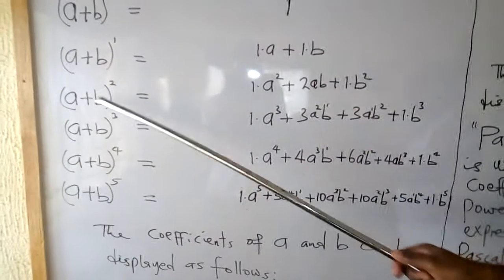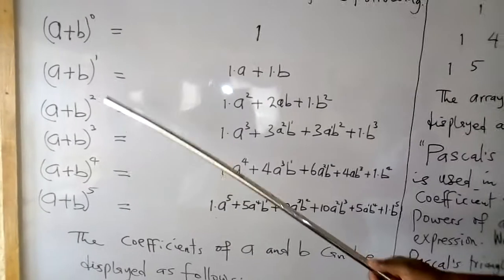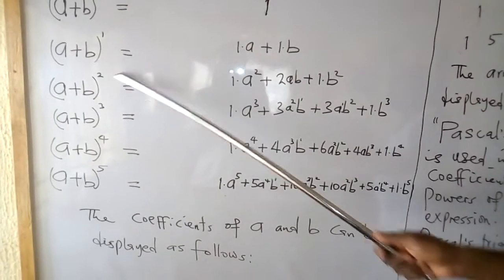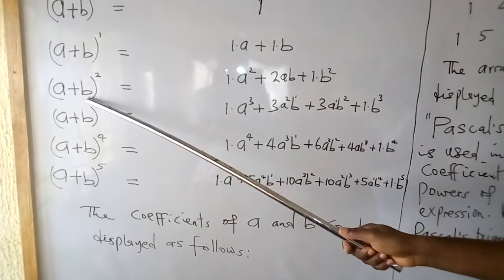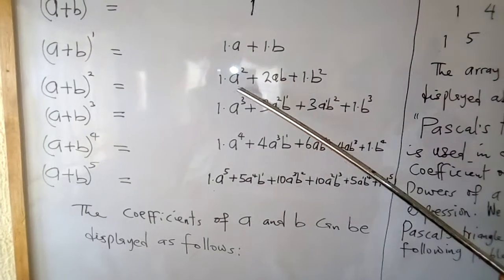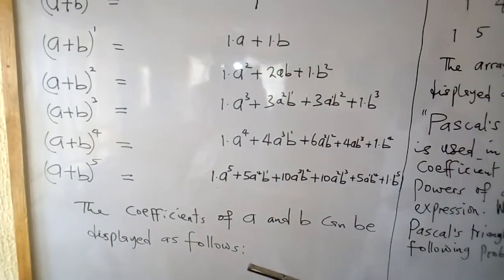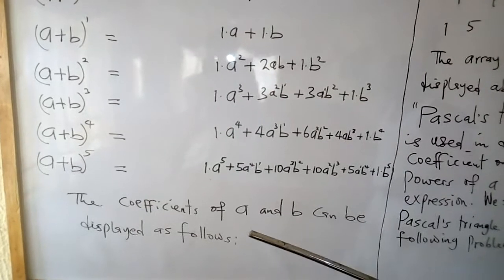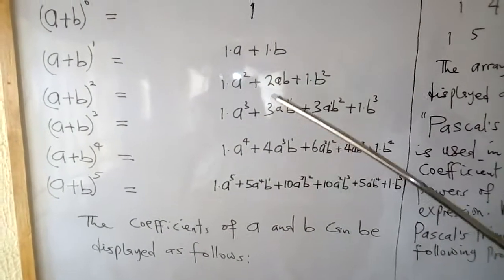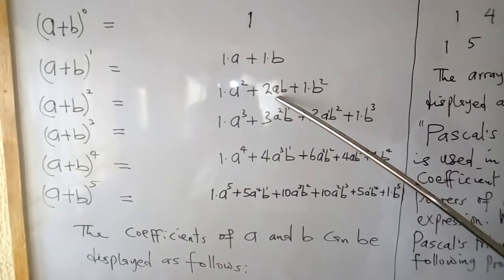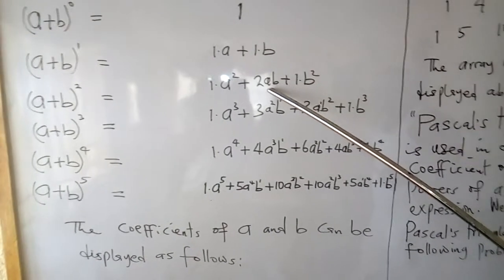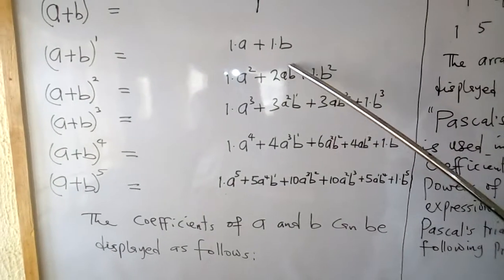Now, a plus b raised to power 2. You see, a decreases from 2 to 0, b increases from 0 to 2. The first term is a raised to power 2. In the next term, a has reduced to 1, it's now a raised to power 1.